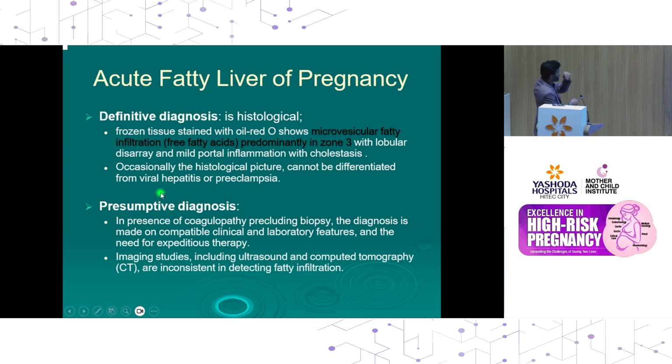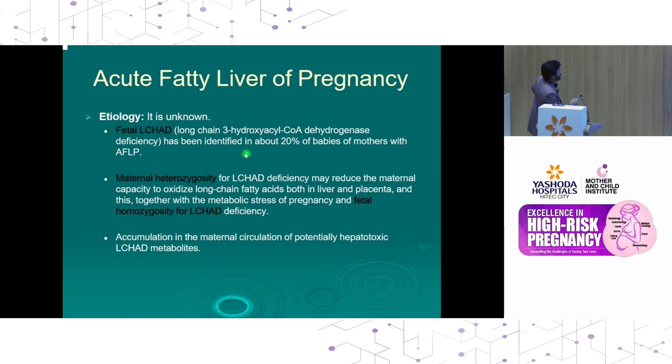Basically what happens is, with the fetal long chain hydroxyacyl dehydrogenase, when there's a deficiency of it, the fatty acids actually go through the placenta into the baby. When the fetus does not have a deficiency of this enzyme, it produces more fatty acids which get transferred back into the maternal system, and if the mother is heterozygous for LCHAD deficiency, you have more accumulation of the fatty acids, which can be a toxic metabolite, which results in the acute liver injury and acute liver failure.